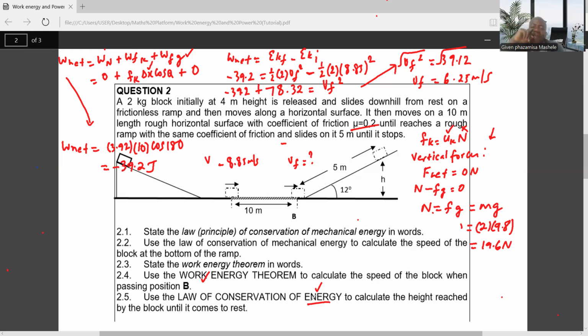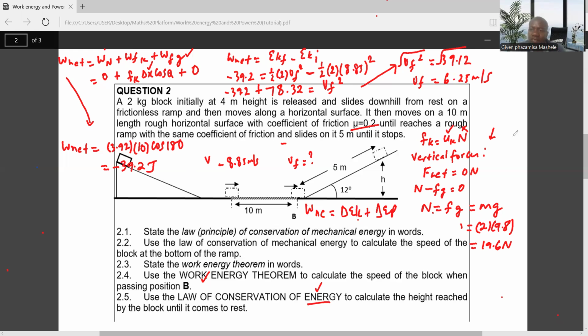So here, they want us to use this formula: work done by non-conservative forces equals the change in kinetic energy plus the change in potential energy. We can still use the work-energy theorem, but let's just use whatever they want us to use.